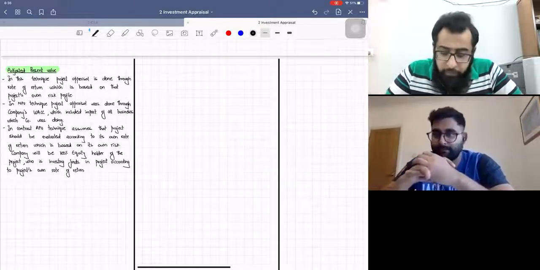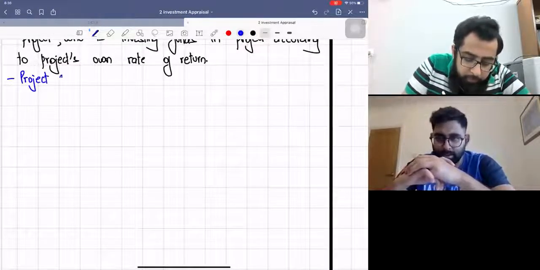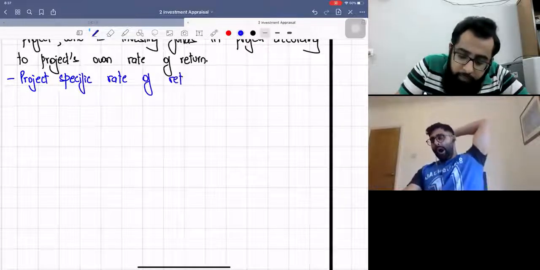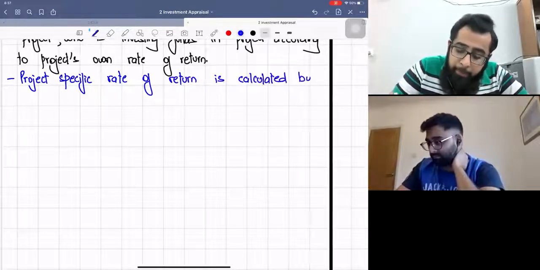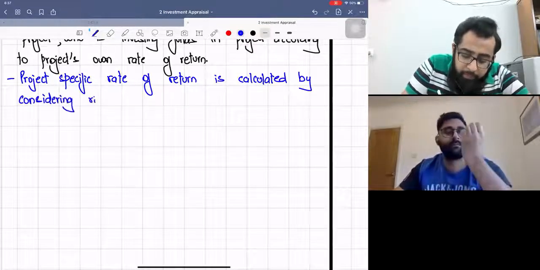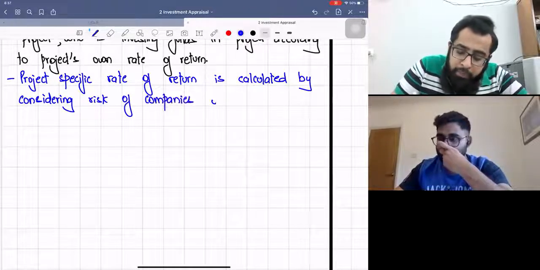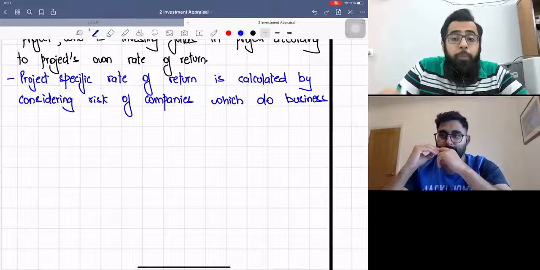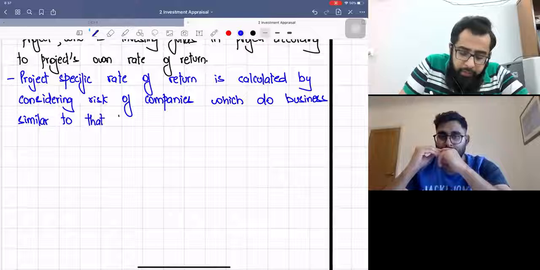So the project specific rate of return is calculated by considering the risk of similar companies, which do business similar to that project.